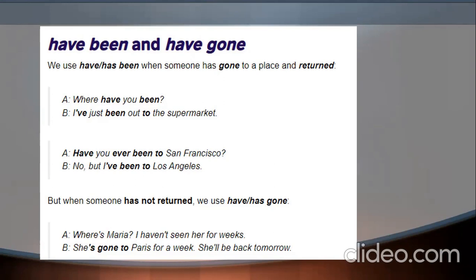Now, what is the difference between the verb gone and the verb been? Or have gone and have been. I guess gone is when you left, okay? But been, as you said before, is used to refer to the place where you have been.